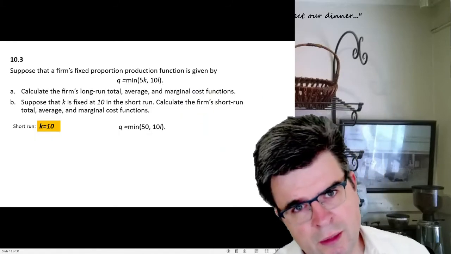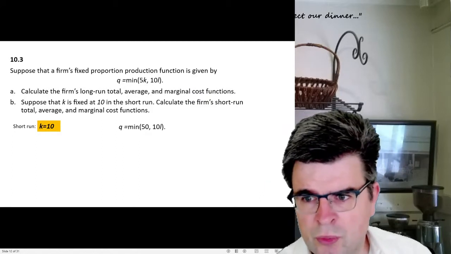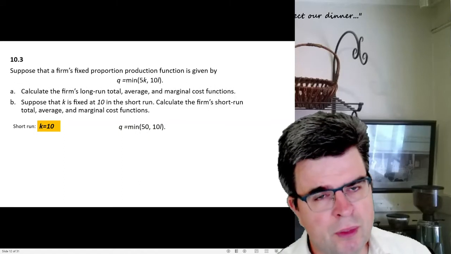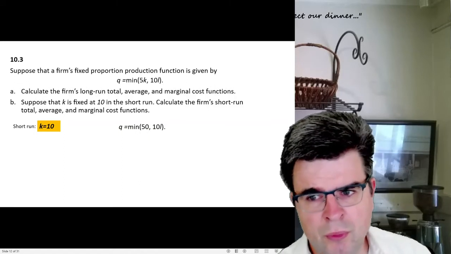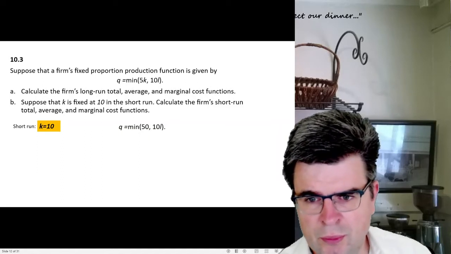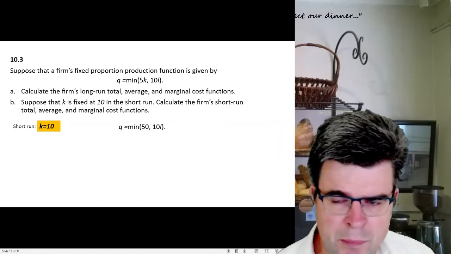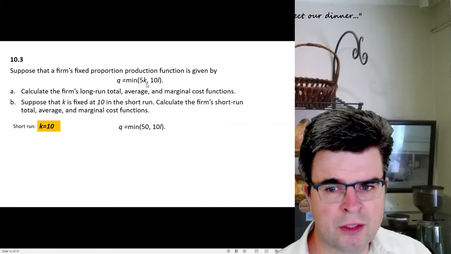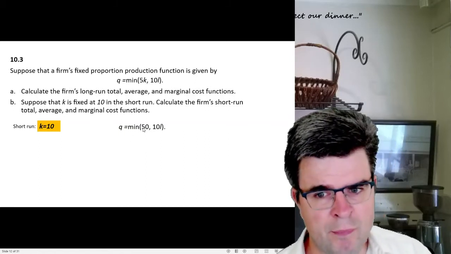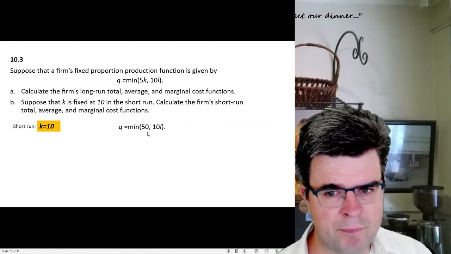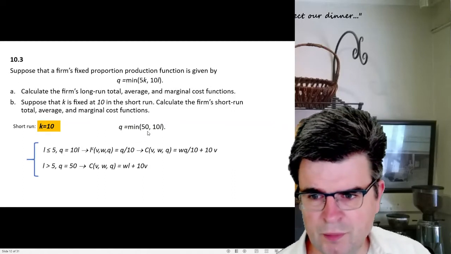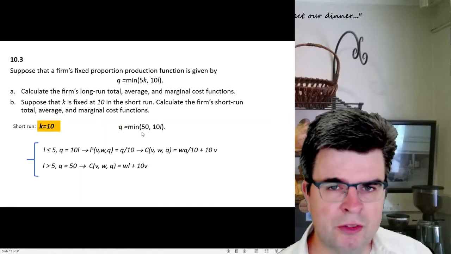And like in exercise 9.2, we suppose that K is fixed at 10 in the short run, and we need to calculate the firm's short run total, average, and marginal cost function. That's not difficult because we can just replace the K in our expression for the production function with the given value of 10. We arrive at Q is the minimum of 50 and 10L, which gives us two situations.